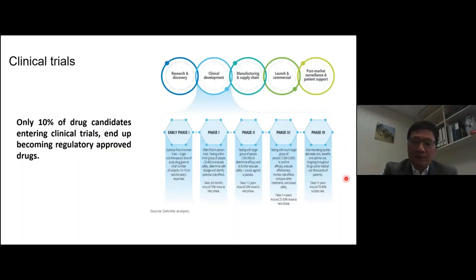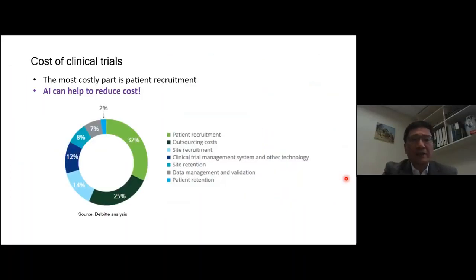And of course then the AI can speed up the clinical trial process because most of the parts of this clinical trial really cost very high, and part of the reason is because of patient recruitment. So the AI can help to reduce the cost, okay?